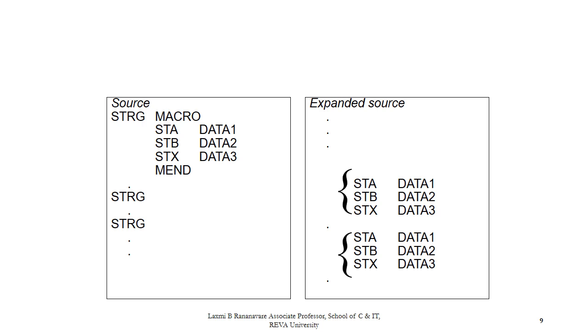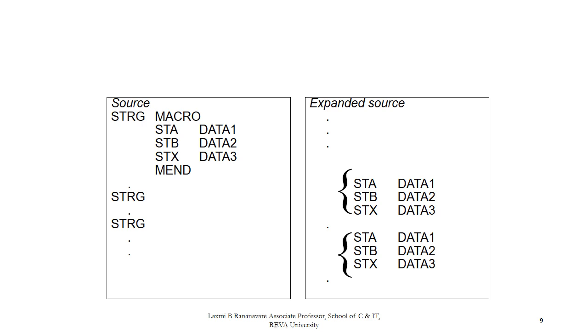Let us visualize this using this diagram. We have the source program which is having a definition. STRG is the name of the macro, and it consists of three statements: STA data 1, STB data 2, STX data 3, and we have the MEND.